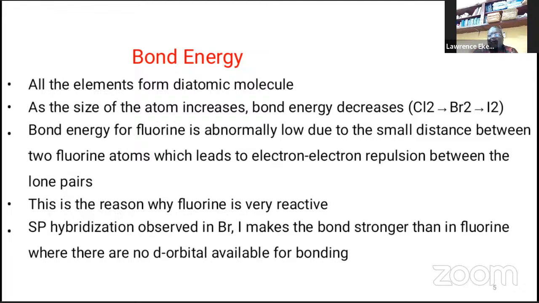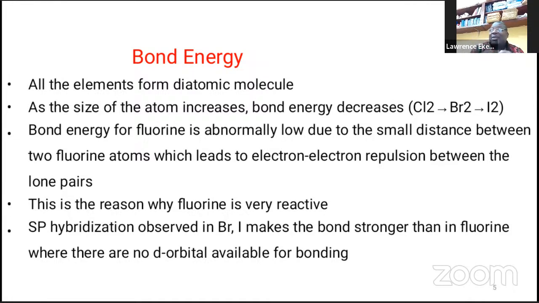So fluorine is supposed to have a higher bond energy, but here we are saying that the bond energy of fluorine is abnormally low. Why? Due to the small distance between the two fluorine atoms, which leads to a repulsion between the lone pairs.